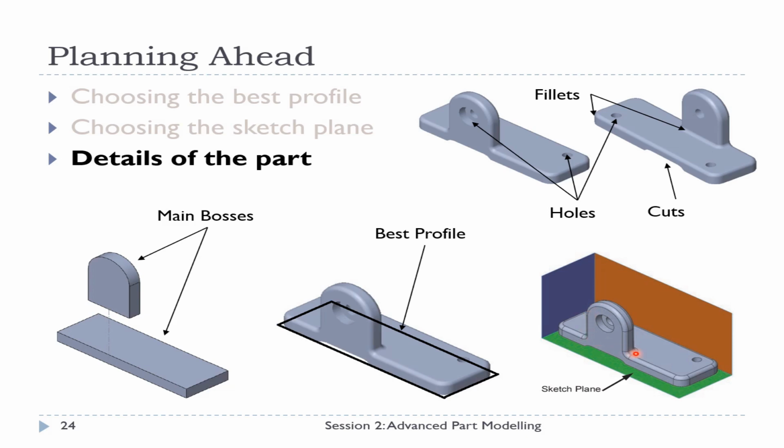It can be a lug or any other geometry. So once you have created those two, the rest is just the details of a part. So the next step would be adding the cuts or holes, and finally fillets or chamfers, or in more generic terms, the dress-up features.